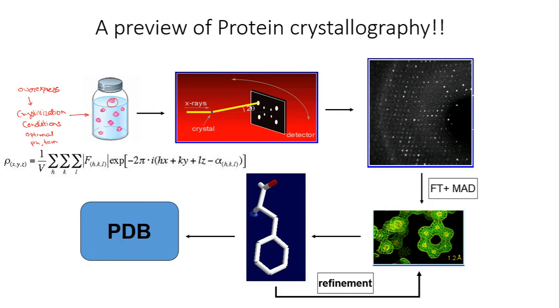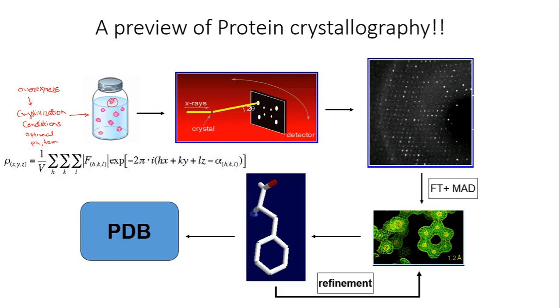Okay, so let me also tell you what exactly happens during the process of crystallization. In the process of crystallization, your objective is to find out at what exact physiological condition, what might be the concentration, what might be the pH, what might be the other factors that might help me to obtain the crystals of my given protein structure. That is what we do in crystallization.